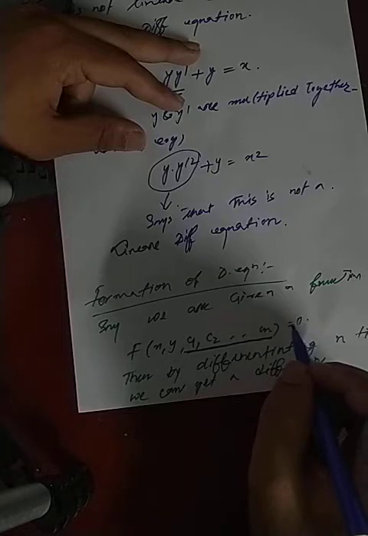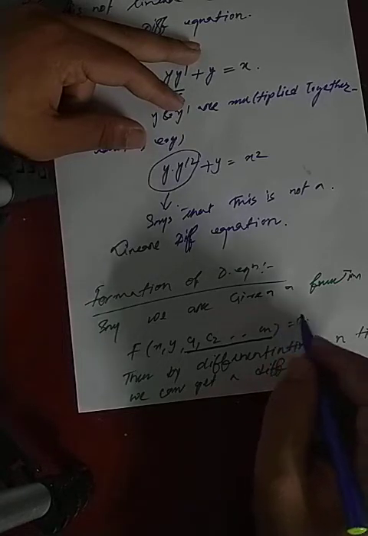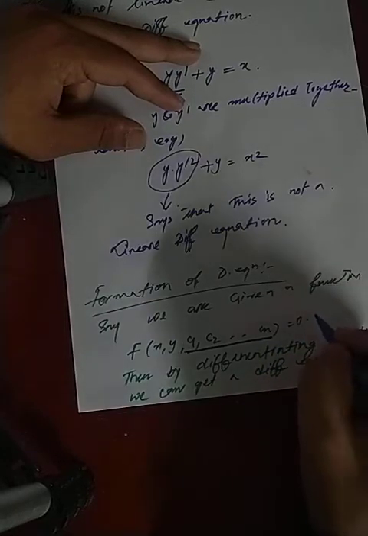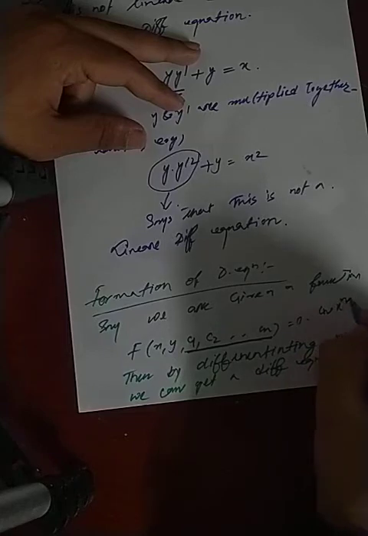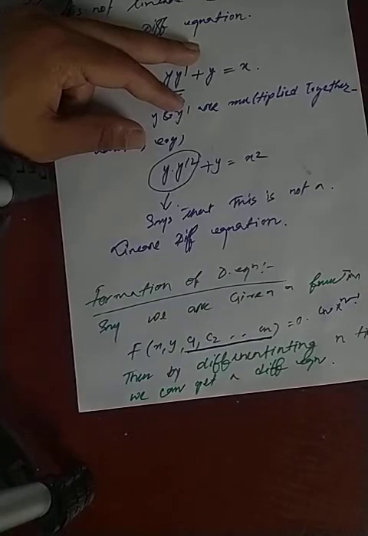It may be possible that a term like cn x to the power n is contained, so after differentiating the nth time we can remove that constant. So it is important to differentiate n times.